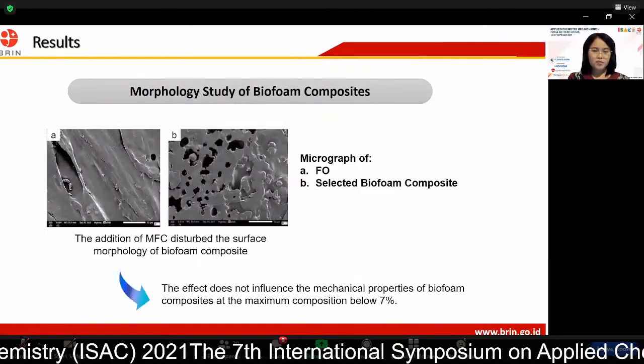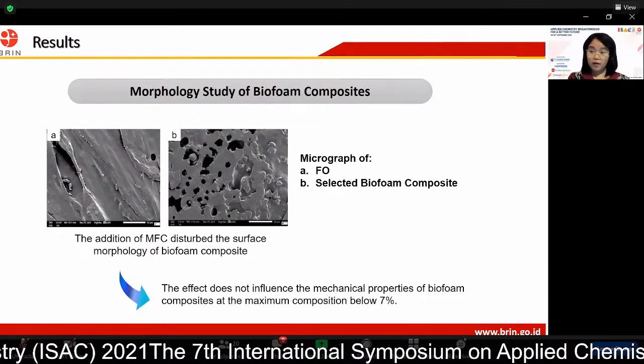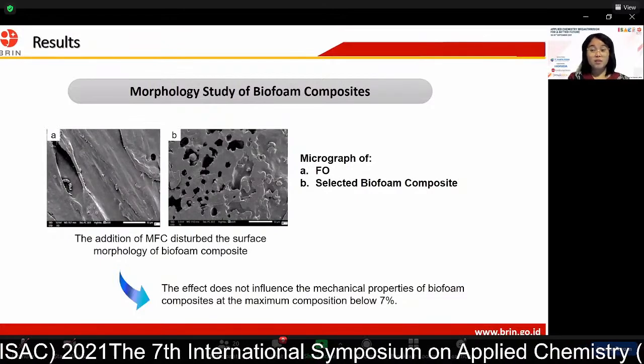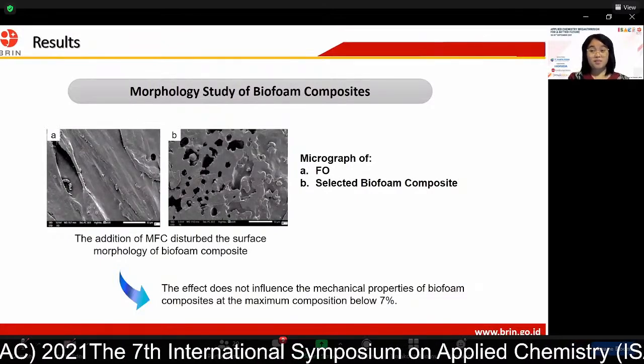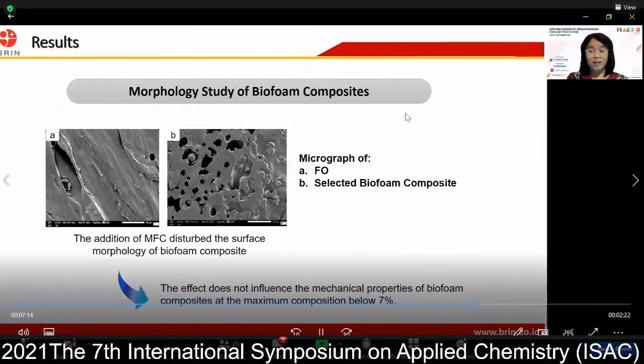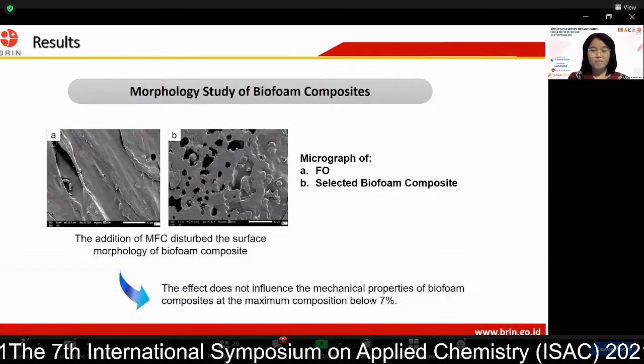It is also clearly confirmed in the SEM micrograph that the addition of microfiber cellulose disturbs the surface morphology of the biofoam composite compared to the neat foam without microfiber cellulose.